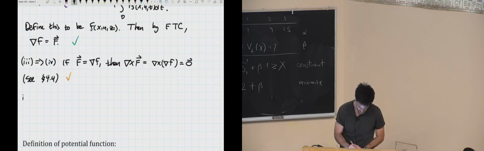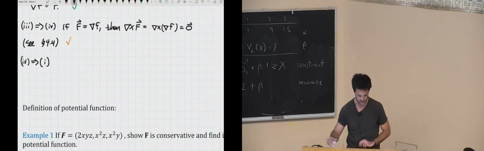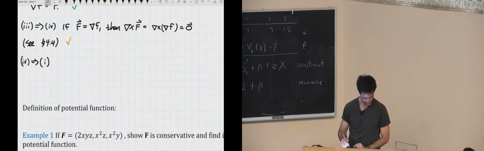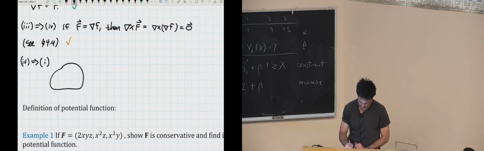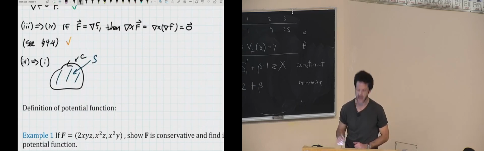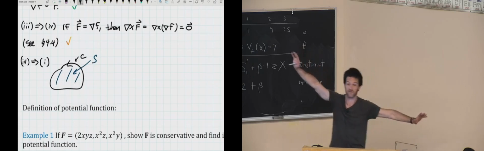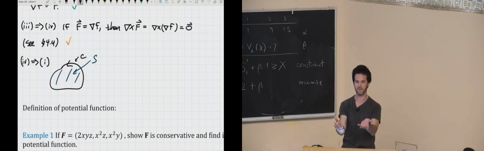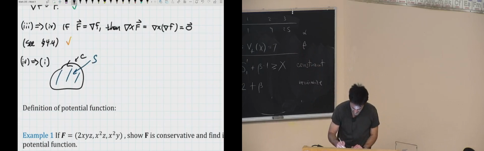And finally, to show that 4 implies 1, this is the only one that really uses anything new. Let's suppose we have some path C. Well, enclose it in, let S be the surface, any surface really, that has boundary given by the path C. And then the integral of our vector field around that path, we get to use Stokes' theorem here.